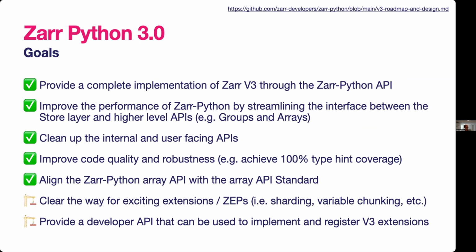But the things that are done: this new release provides a complete implementation of the V3 spec in the Zarr Python API. So a very similar API to what we had before, but now with this new format version. It also supports the V2 spec, so you can read or write both V2 and V3 with this new version of the library.